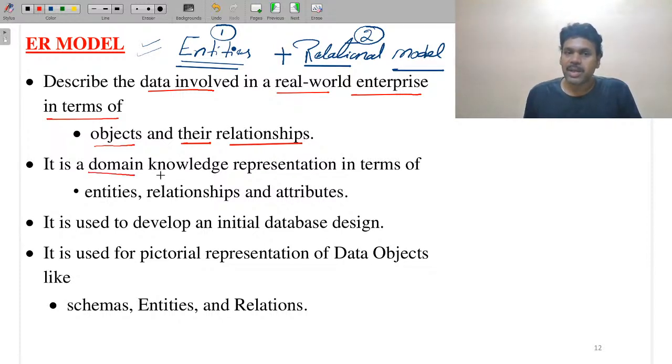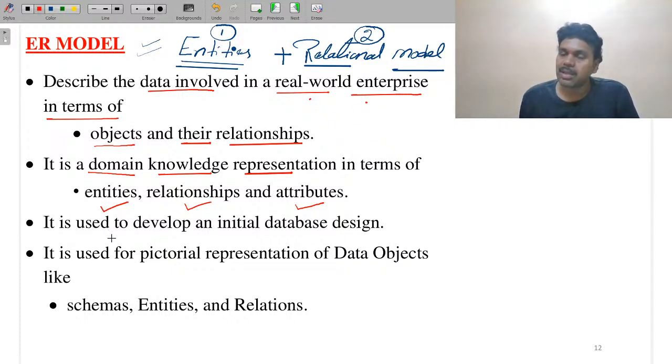The domain knowledge we are going to represent in the form of entities, relationships, and attributes. All three we use to represent domain knowledge, also called real world enterprise data.